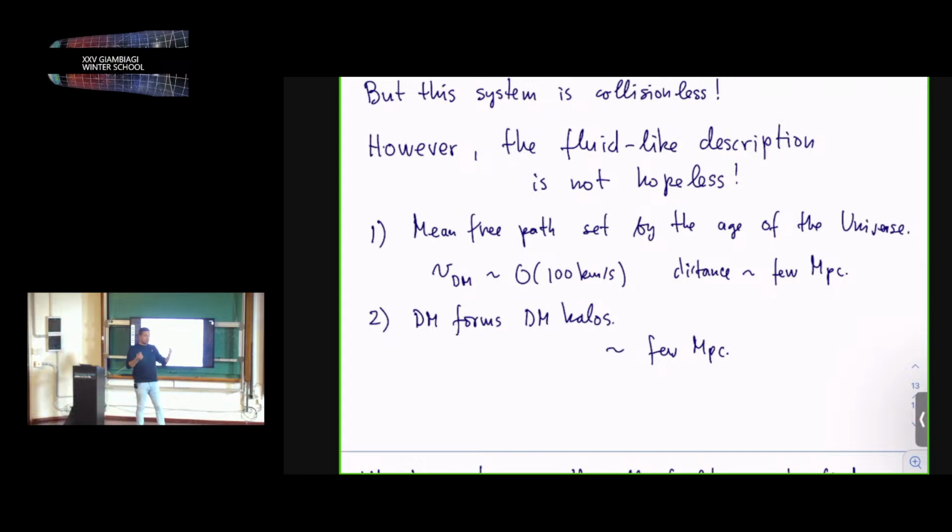And even though the complete UV theory is very complicated, it's some collisionless system which is self-gravitating, the long wavelength behavior of this system, when you consider fluctuations on very long wavelengths, large scales, is going to be fluid-like. It will be very universal.